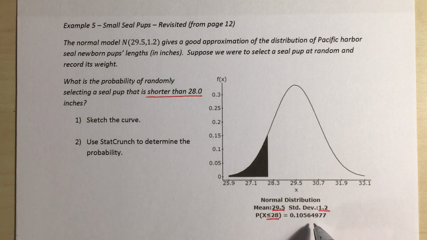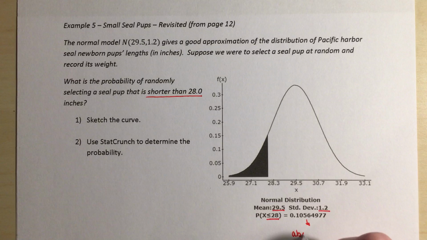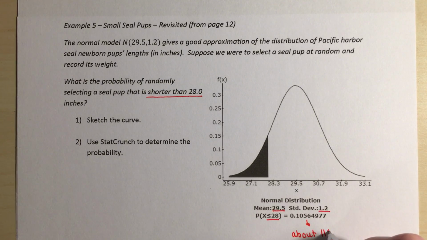What we see here is almost identical to our answer for example 5. If we round this off, this gives us about 11%, which was our answer to example 5 that we did using the table. So the nice thing is, in some problems you will be able to bypass having to use a table, calculating your z-score and all of that, because StatCrunch will do it for you.